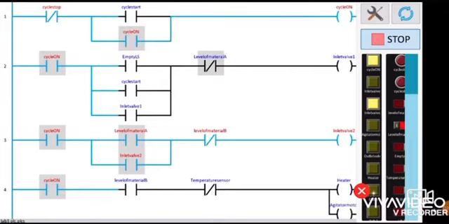Next, we are moving to the third network. Actually, the third network is the same as the second network. The coil acts as an input for the third network, and the output of the third network, as you can see, is the inlet valve 2. In order to operate the inlet valve 2, the level of material A sensor should be on.